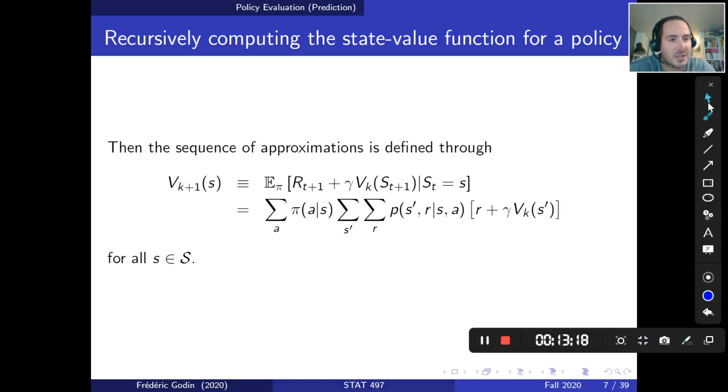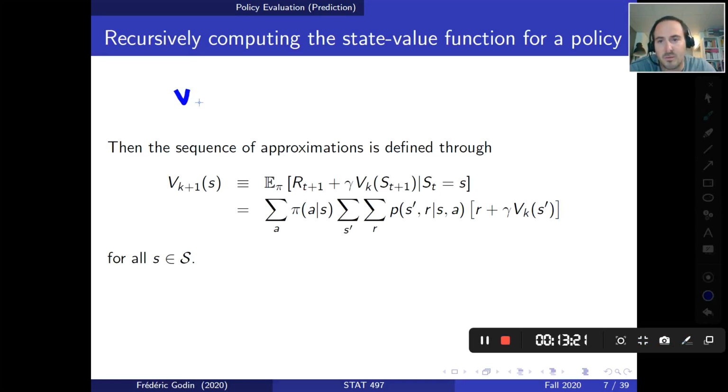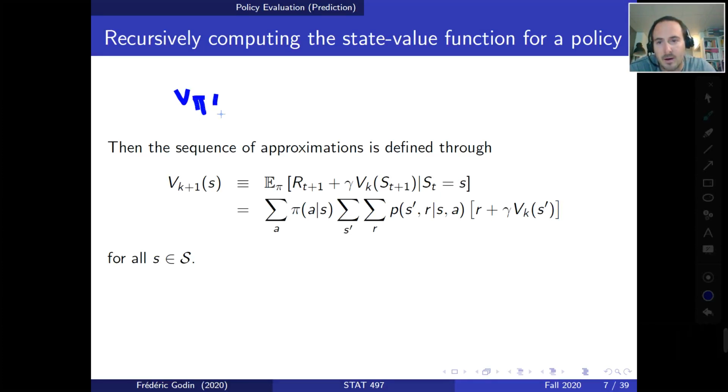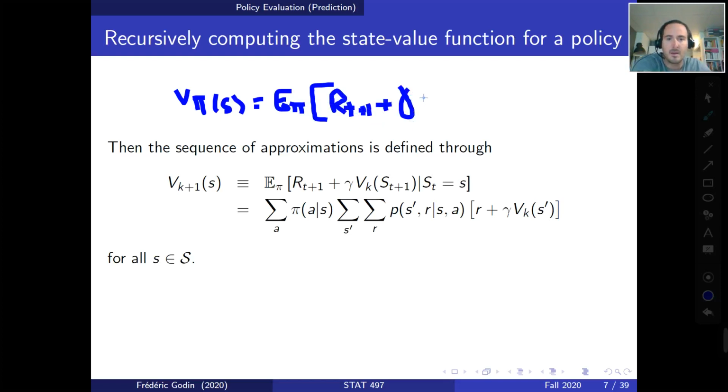We had a relationship of the form: v pi of s was the expected value under policy pi of r_{t+1} plus gamma v pi of s_{t+1}, given s_t is equal to s.